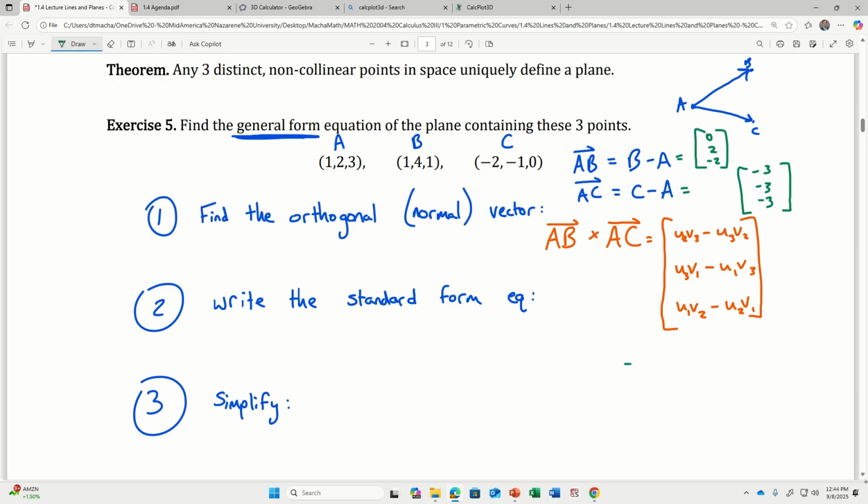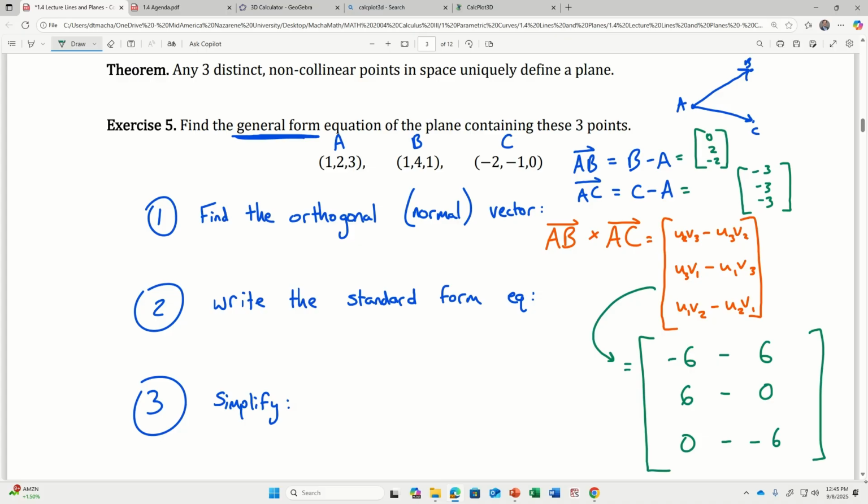And for us, u2 times v3 is going to be 2 times negative 3. u3 times v2 is going to be negative 2 times negative 3. u3 times v1 is going to be negative 2 times negative 3. u1 is 0, and then u2 times v1 is 2 times negative 3, which is negative 6.